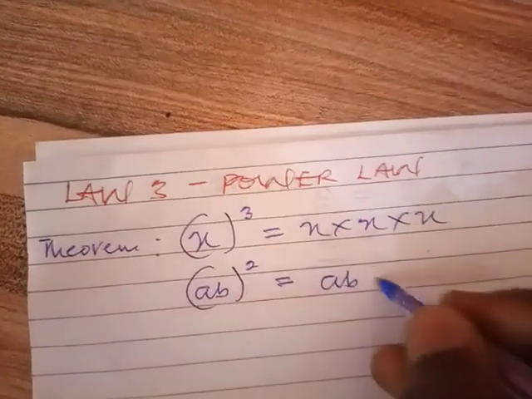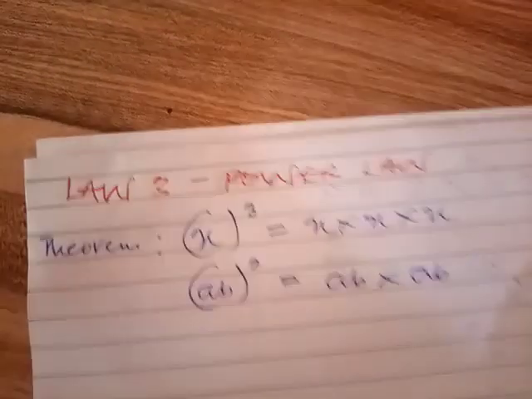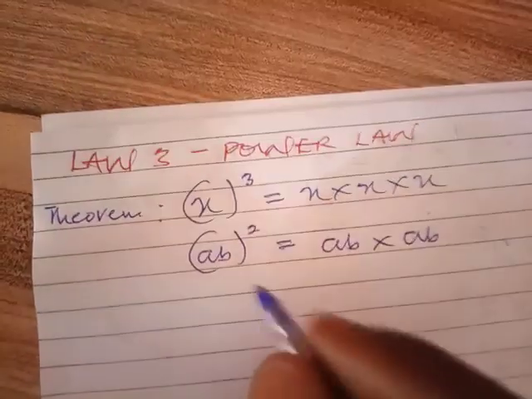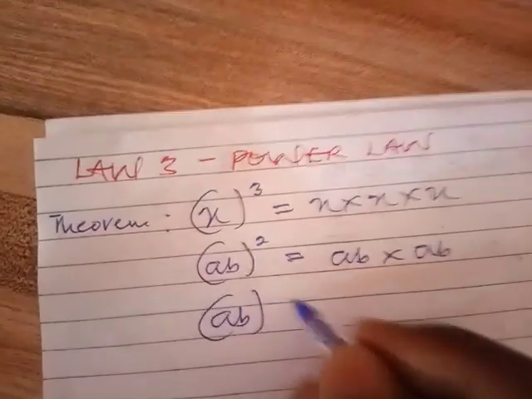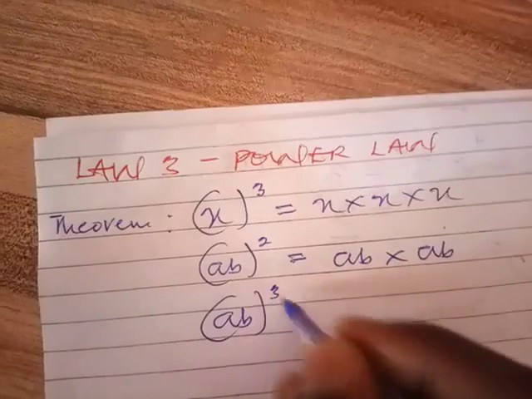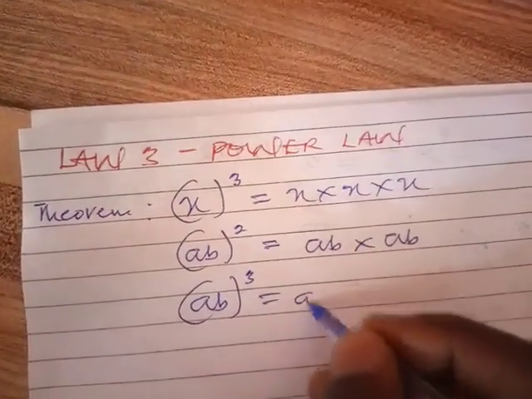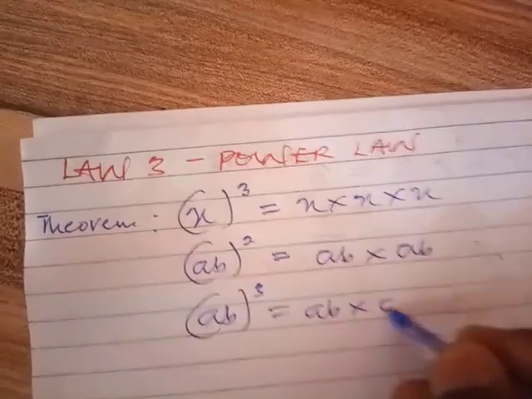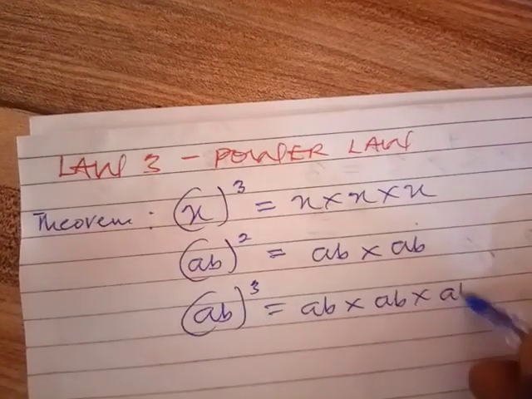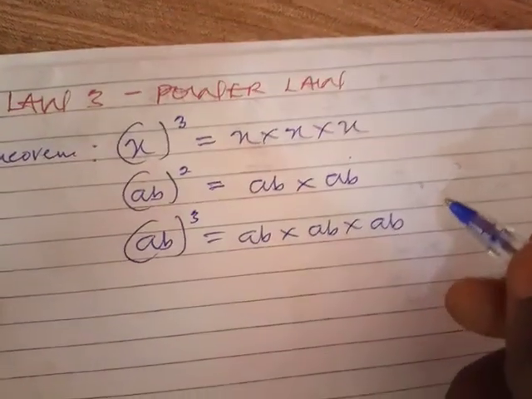That's AB multiplying AB twice. If AB has an exponent of 3, AB will multiply itself 3 times.